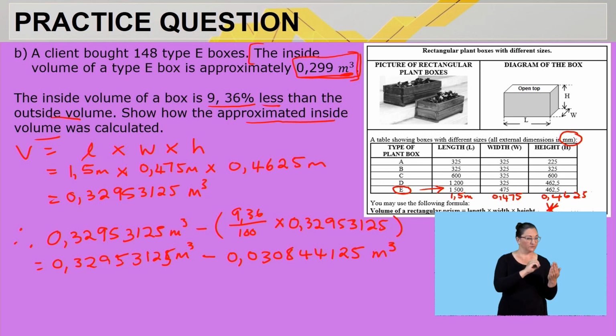I will double check my answer. 0.030, yes. 844, yes. 125. Now I'm going to take this exterior volume and subtract it from the 0.030844125. Let's type that in. 0.32953125 minus 0.030844125 equals.